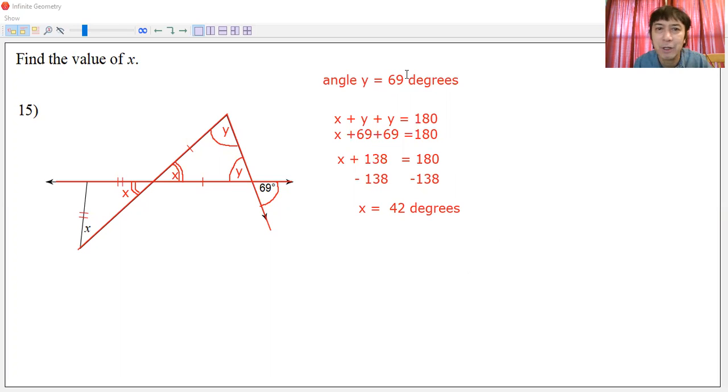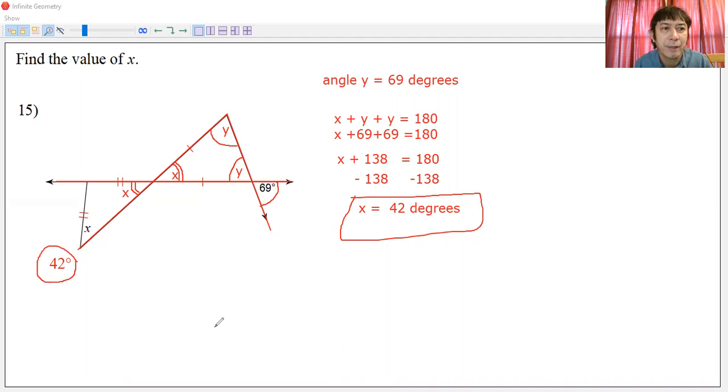That should be our solution and answer over here. And what's the answer from the computer? It's 42 degrees, 42 degrees. You can see it over here. That goes to our number 15 problem.